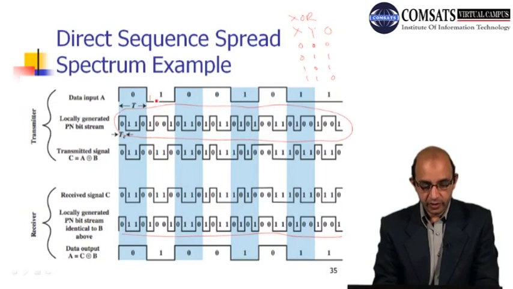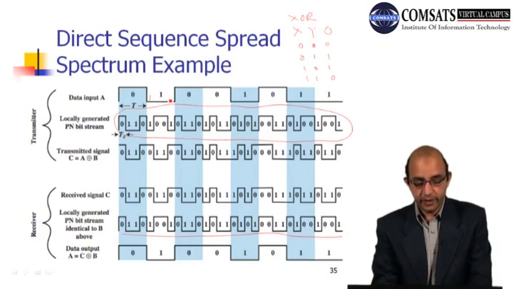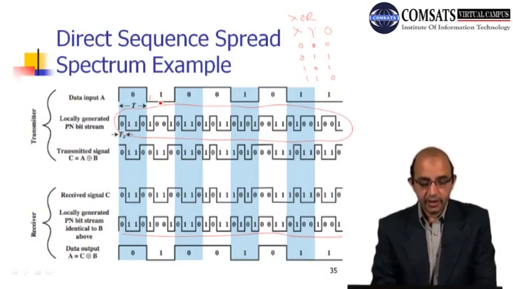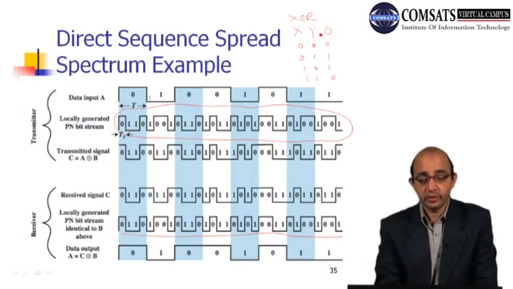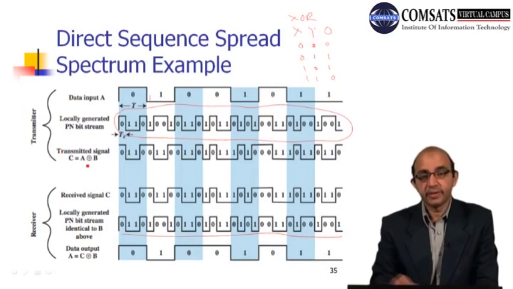Again, 1 will continue for this bit time slot, and so on and so forth. You can use this truth table in order to calculate this.